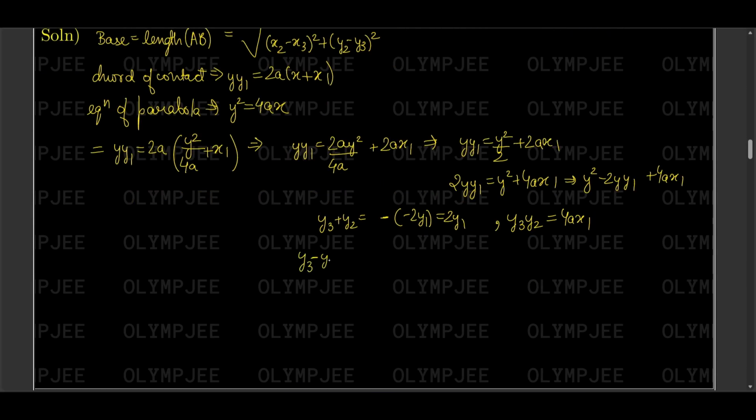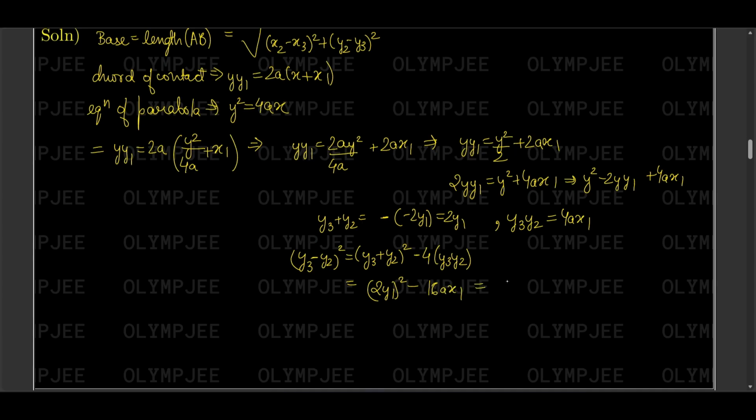So y3 minus y2 whole square can be given as y3 plus y2 whole square minus 4 y3 y2, which will give us 2y1 square minus 16ax1.